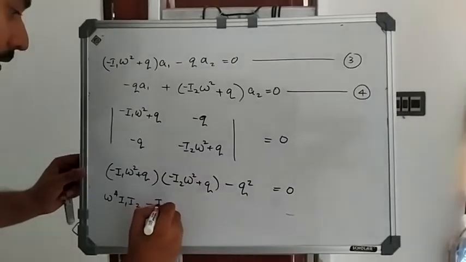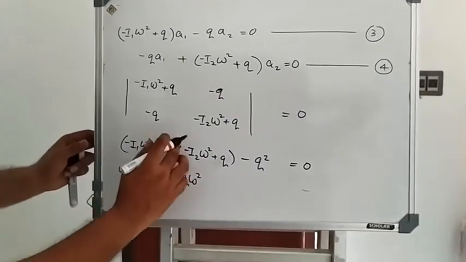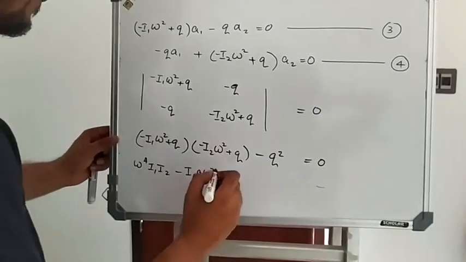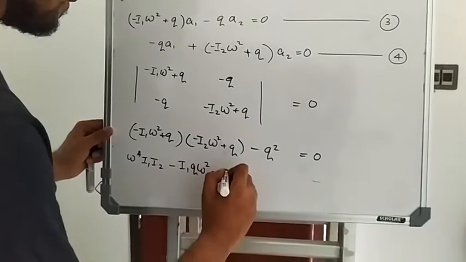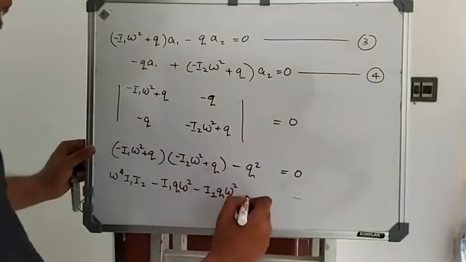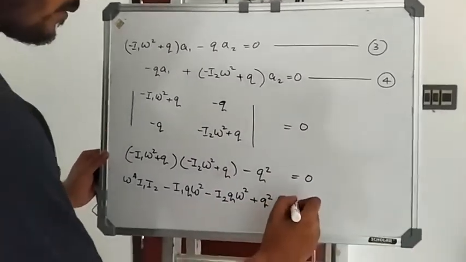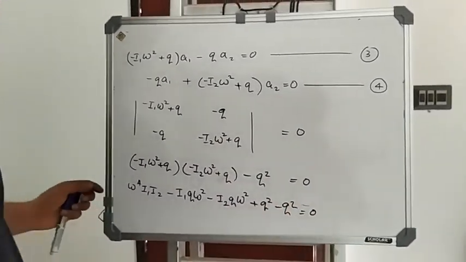This will be minus I1 q omega square. Now second term into first term, this will be minus I2 q omega square. Now last term plus q square, remaining this term minus q square equal to 0.